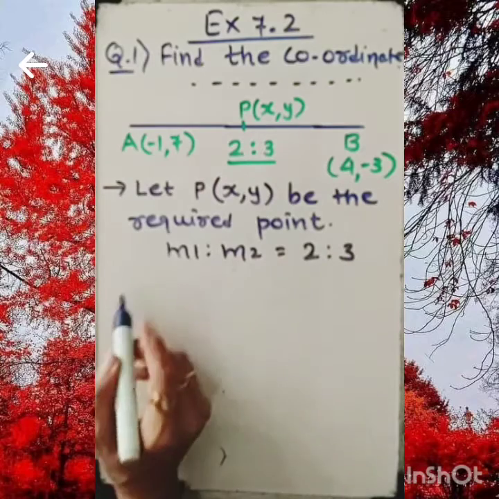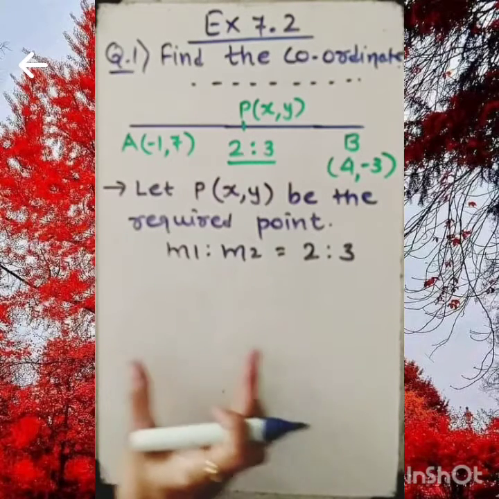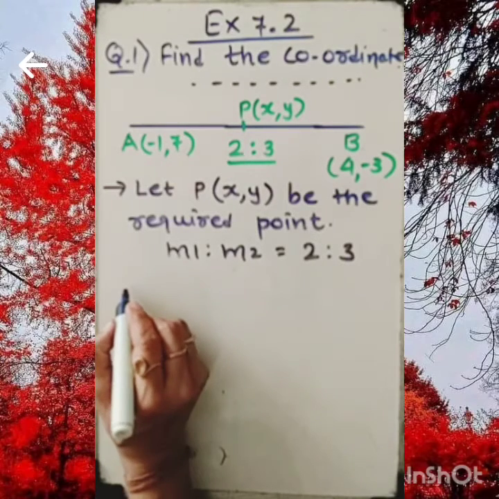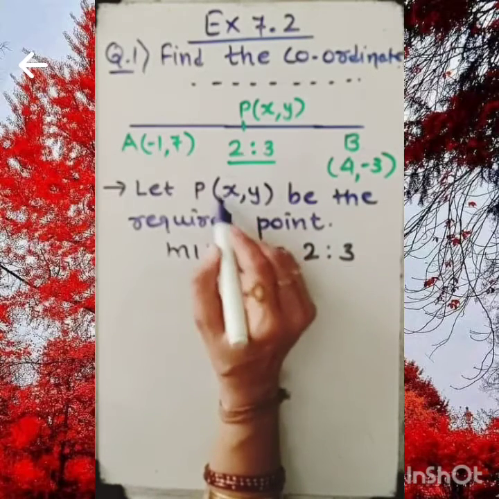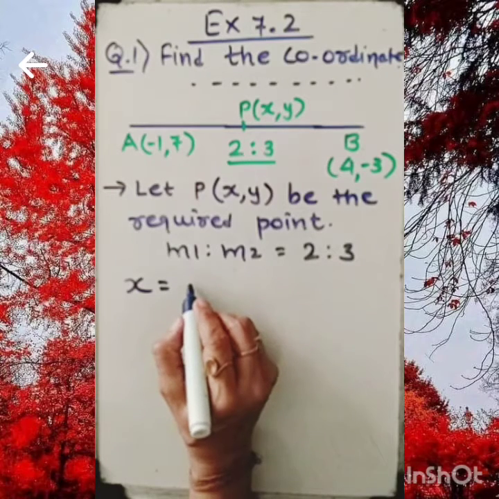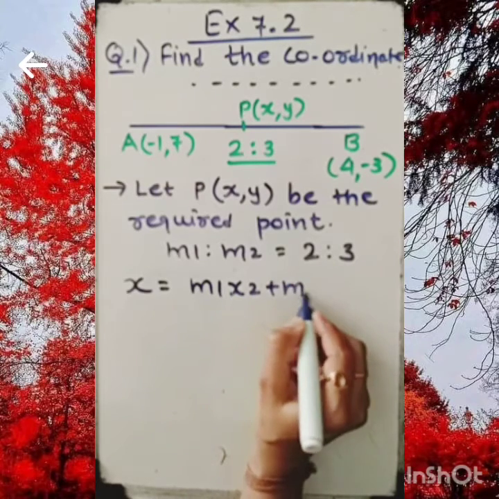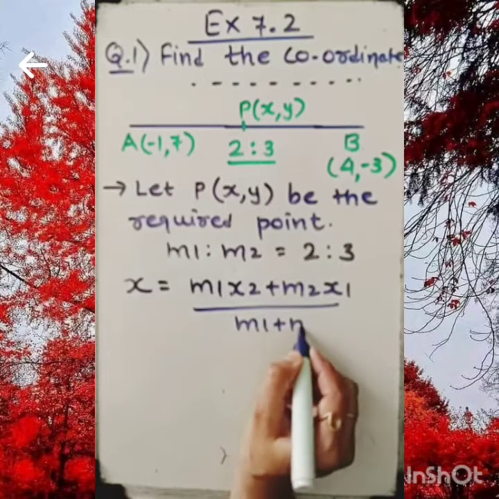Now let's apply the section formula. I am separating the section formula into x coordinate and y coordinate and finding them individually. So I write x equal to m1 x2 plus m2 x1 upon m1 plus m2.